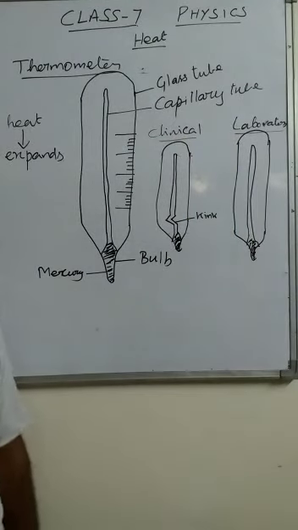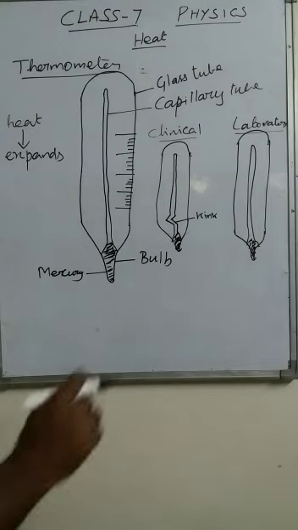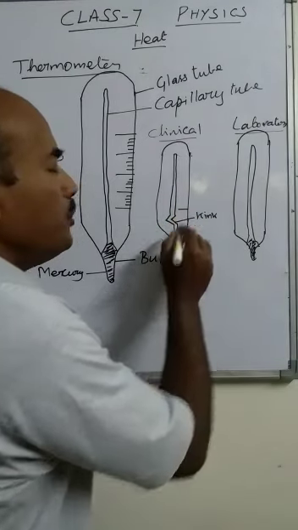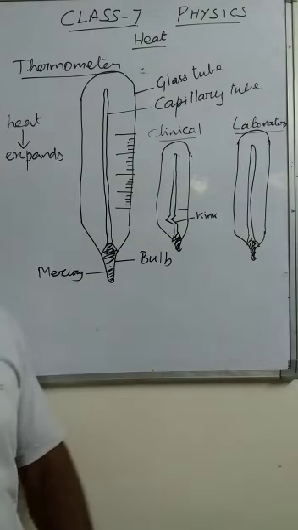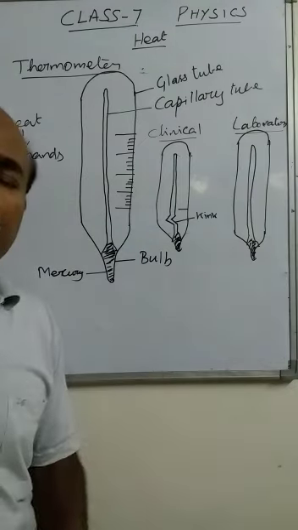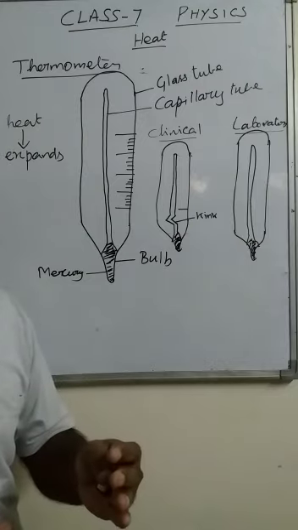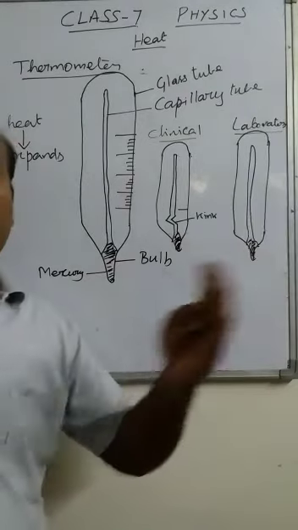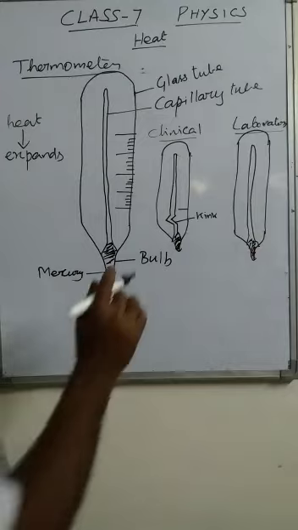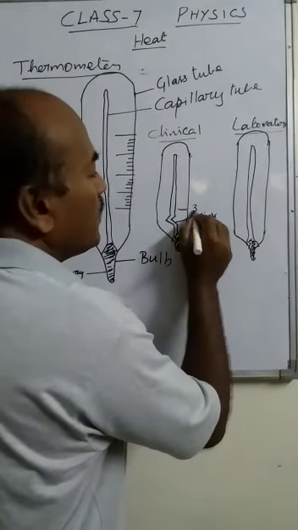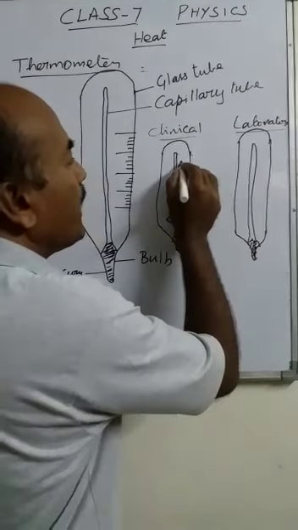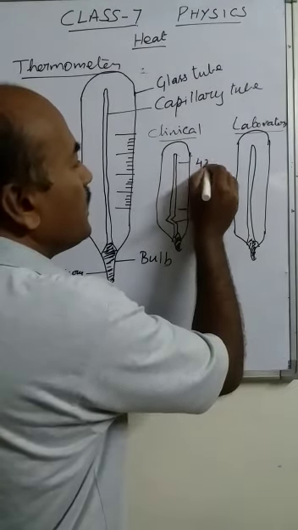And then the other difference is, since the clinical thermometer is used to measure the temperature of the human body only, and the temperature of the human body can change only between a certain range, the minimum level of the clinical thermometer is 35 degrees Celsius and the maximum is 42 degrees Celsius.